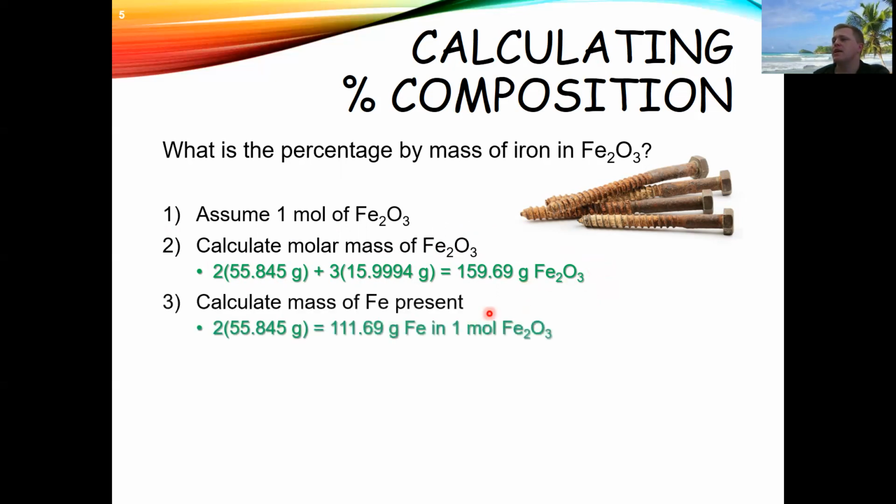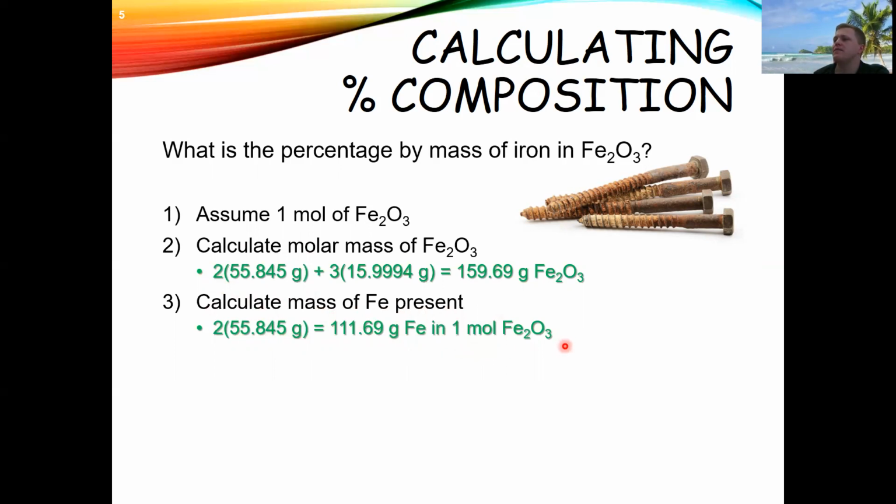Next thing we do is calculate the mass of the iron present. So for this part, we're just going to take the first half of this equation, 2 times the atomic weight of iron, and that'll give us a value of 111.69 grams of iron in 1 mole of Fe2O3.